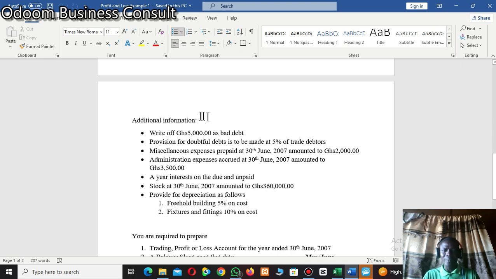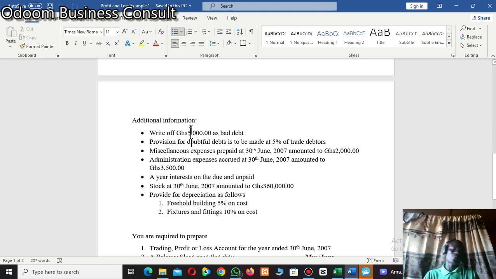We have to reduce the amount we are expecting from our debtors, and this amount should also appear in the profit and loss account, because per the prudence concept, accountants are to make provision for expected losses and are not expected to overstate profits. If there is an anticipation of future loss, they shouldn't hesitate to include it in the profit and loss account.